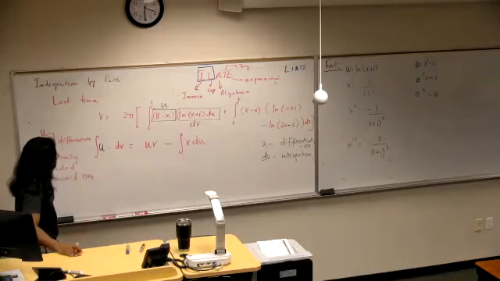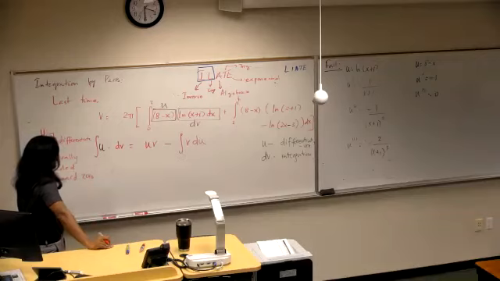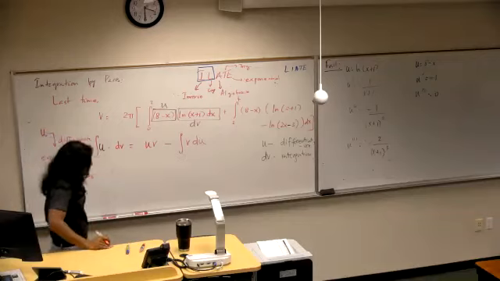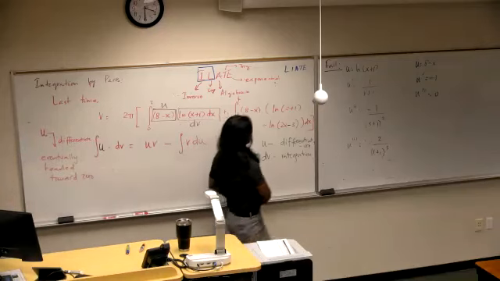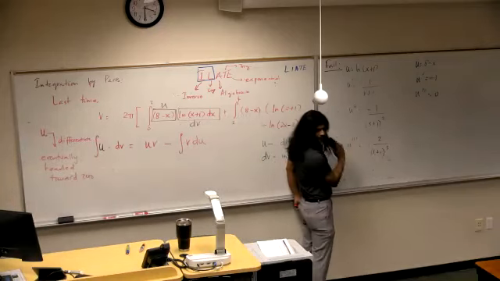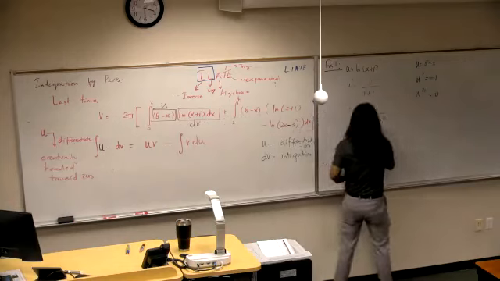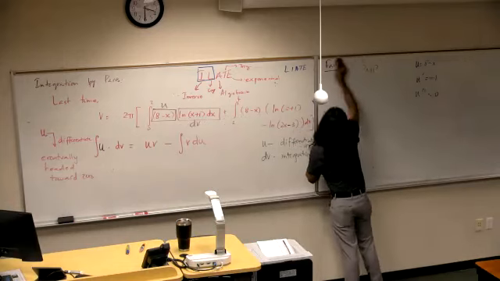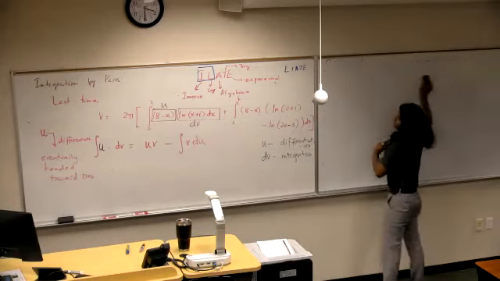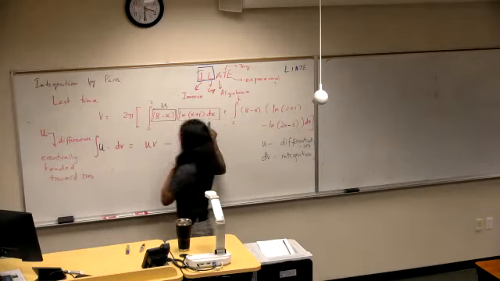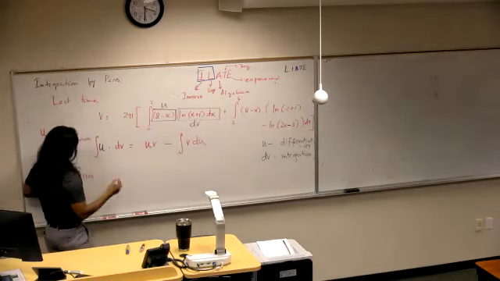If you want to know, you can stop by during office hours. We have picked u to be 8 minus x. dv is that. Okay.